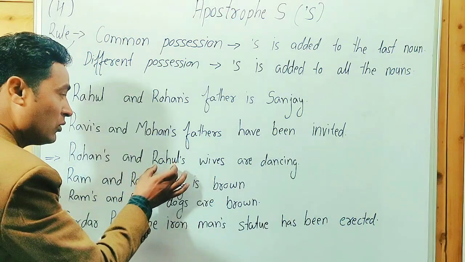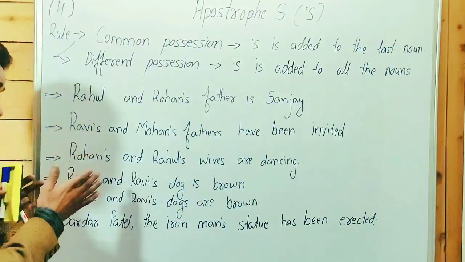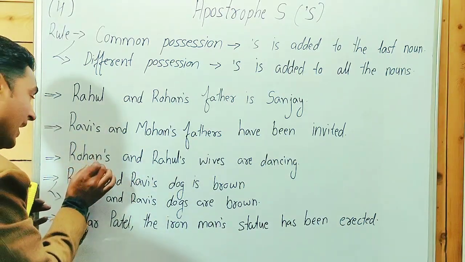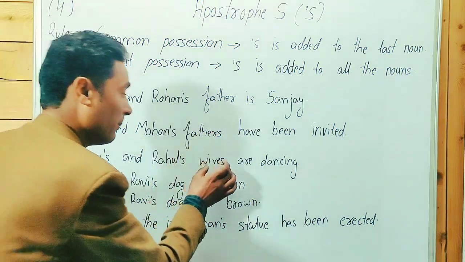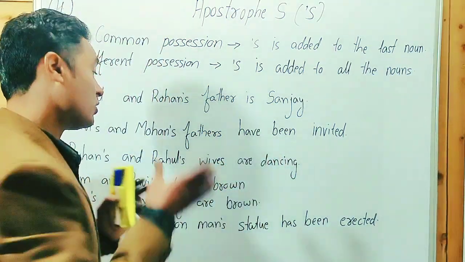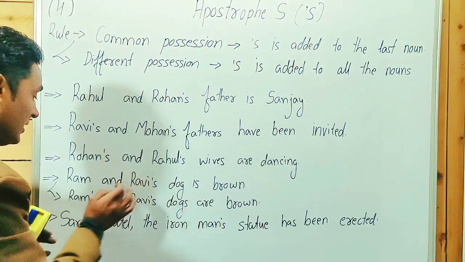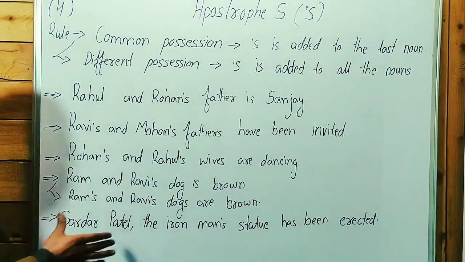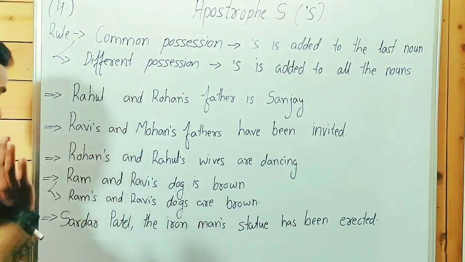Rohan's and Rahul's wives are dancing. This sentence can be written, not the other one. If we write Rohan and Rahul's mother is dancing, it means common possession. Ram and Ravi's dog is brown: common possession, the dog of both Ram and Ravi.